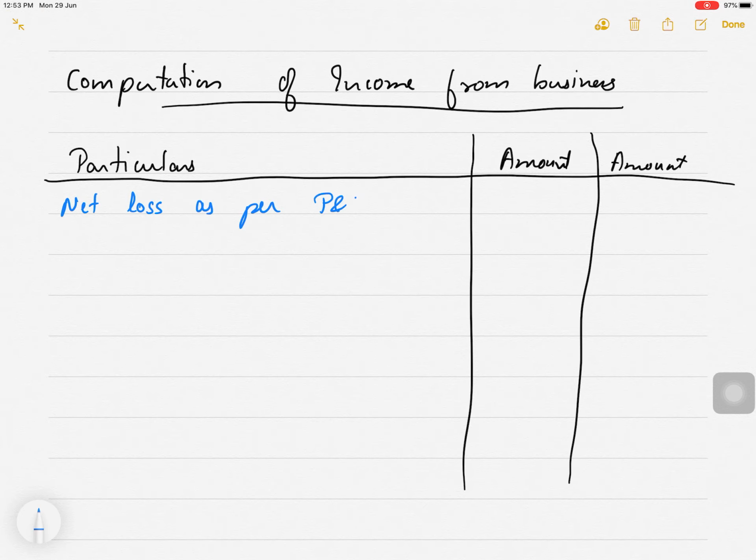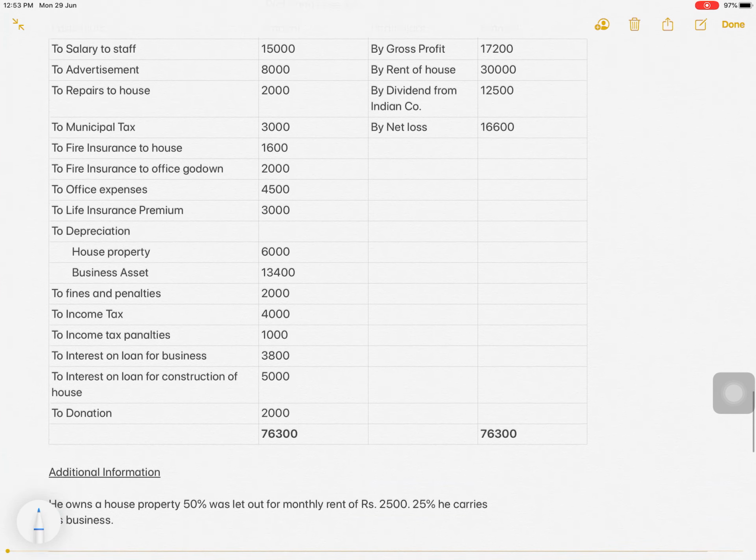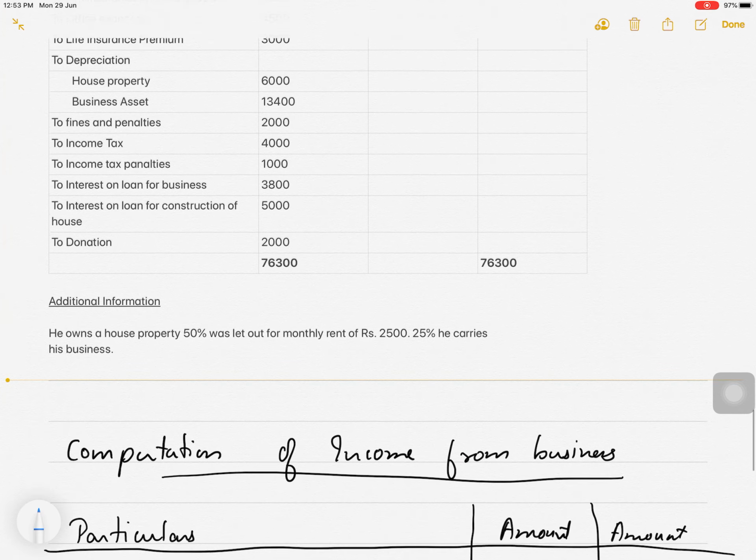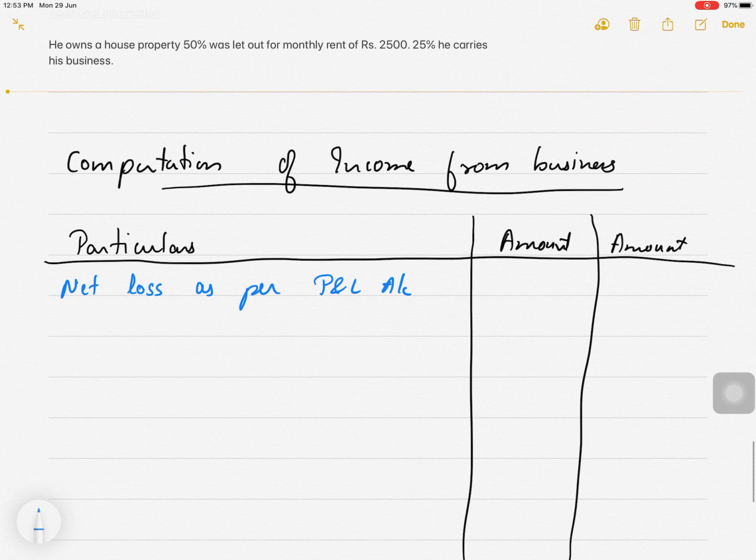Net loss as per profit and loss account, it is 16,600.